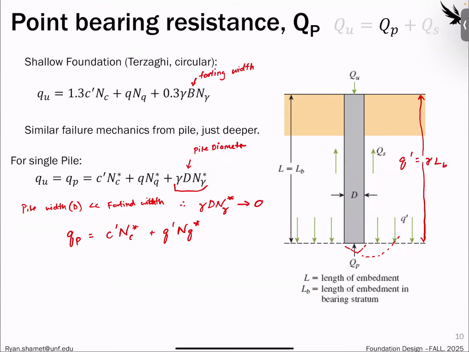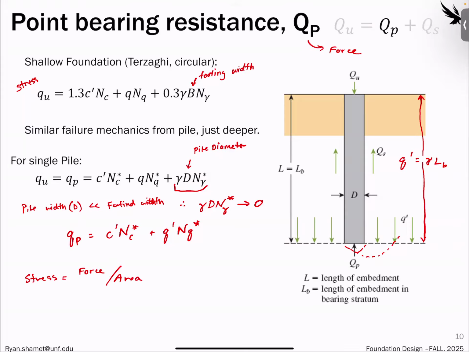So of course, with this lowercase q being Terzaghi, remember that this produces a stress. And what we need here is a force. So we need to remember that stress is equal to force divided by area.